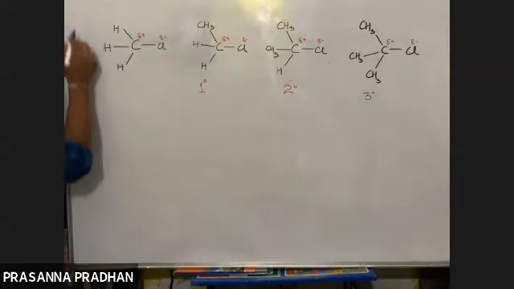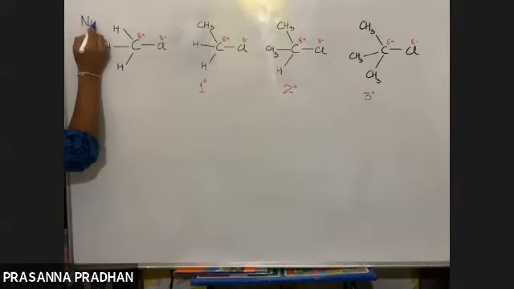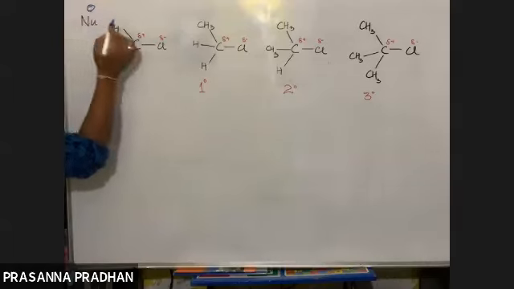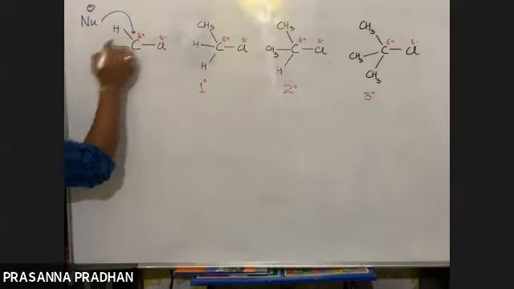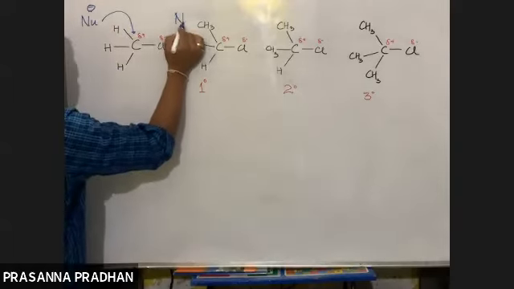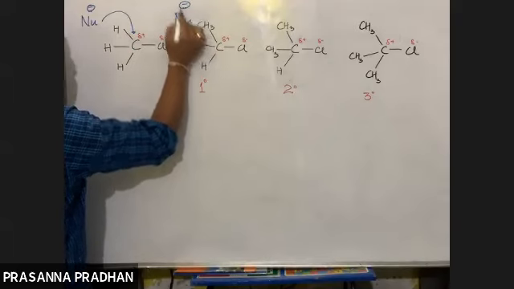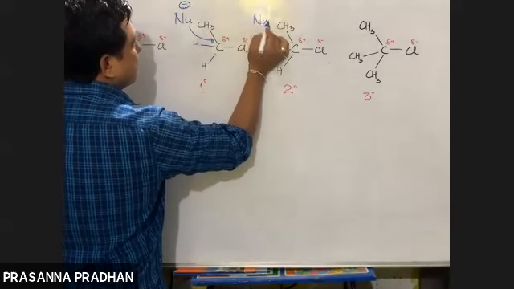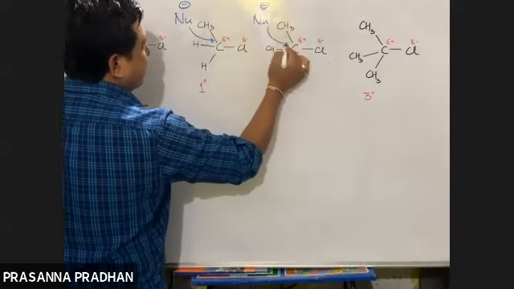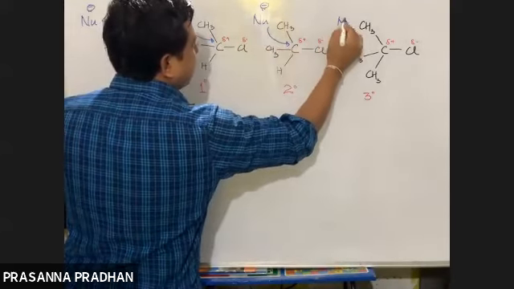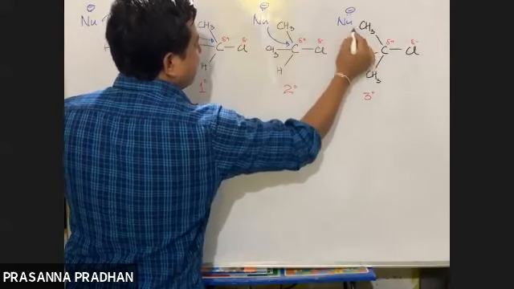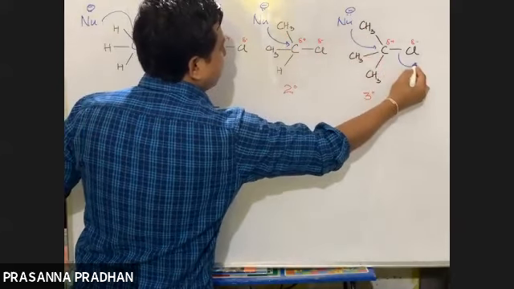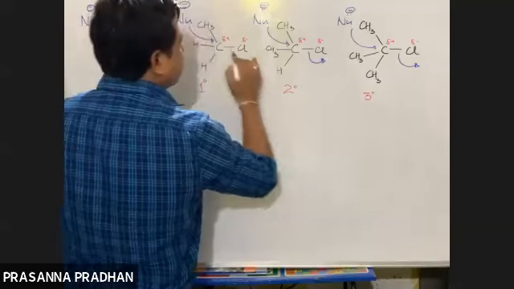In the first step, the nucleophile is going to attack the electron deficient carbon atom, in all the cases. From which side? From the side opposite to that of the leaving group. The leaving group is going from this direction.